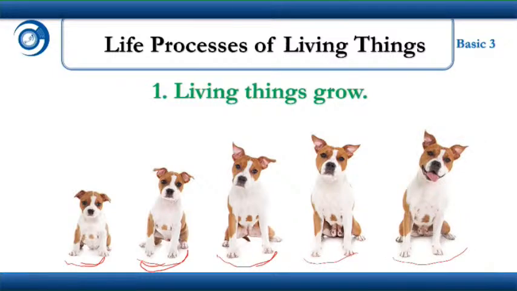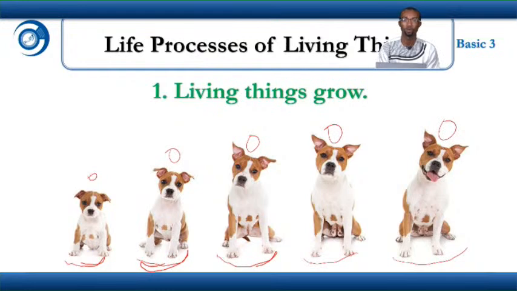So if you see the life process of a dog, you see that it started from a puppy, and then the puppy will eat and grow, and finally into a big dog. So you see that from the example on the screen, living things grow.